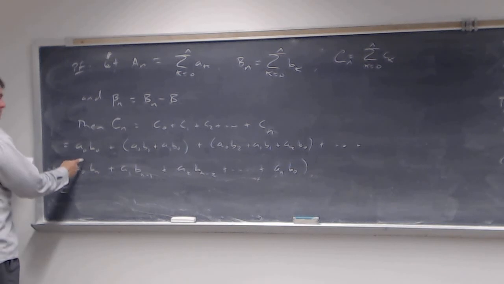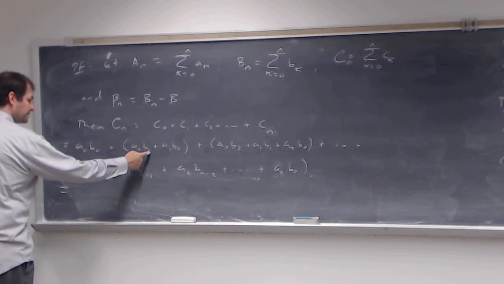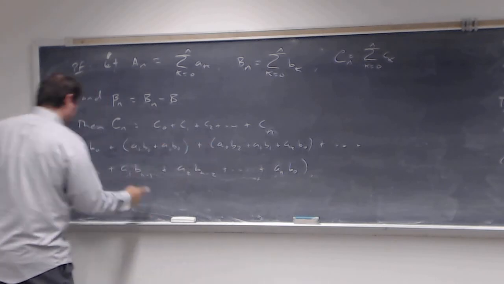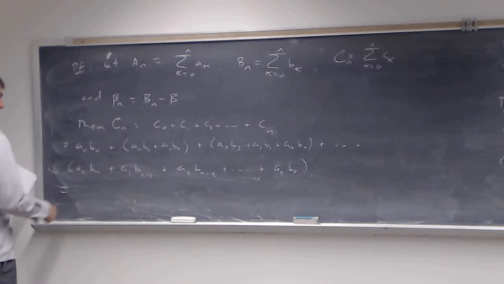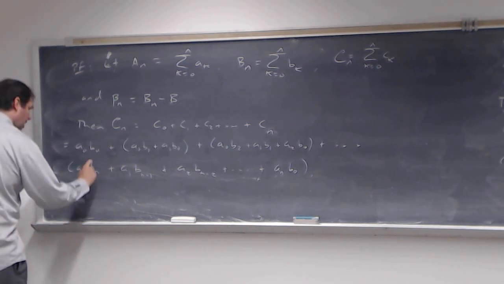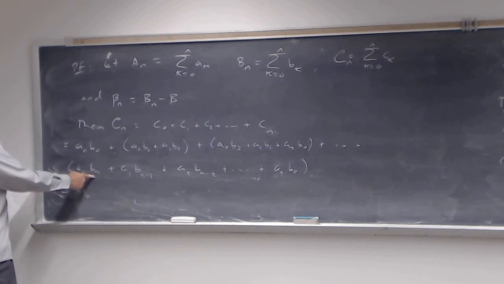Okay, look, you've got a sub naught times b sub naught, a sub naught times b sub 1, a sub naught times b sub 2, and if you just look at the a sub naught terms and factor them out, you have a sub naught and then b sub 0 plus b sub 1 plus b sub 2 all the way up to b sub n.